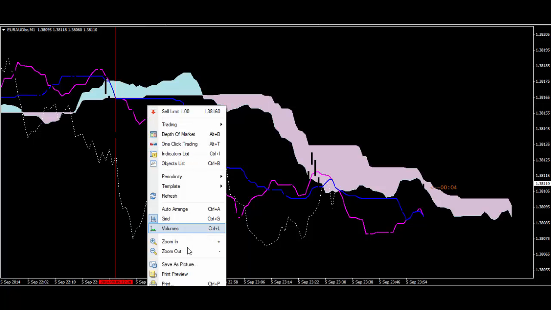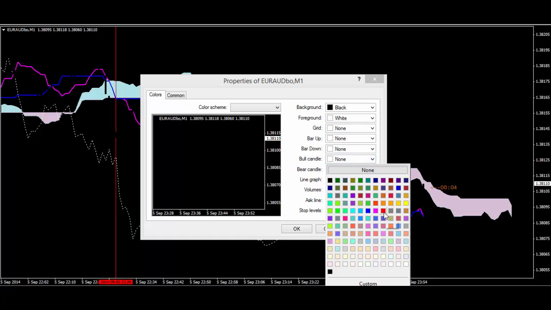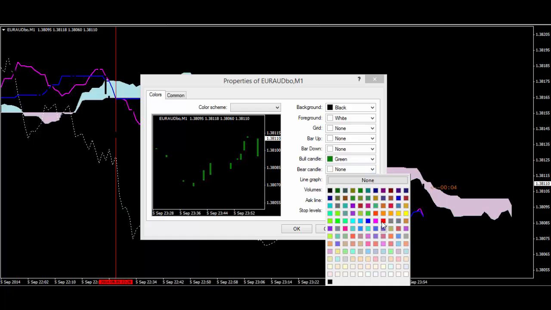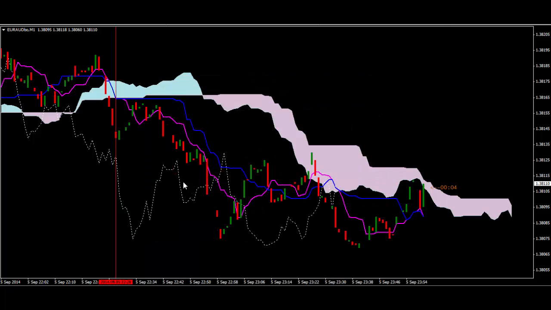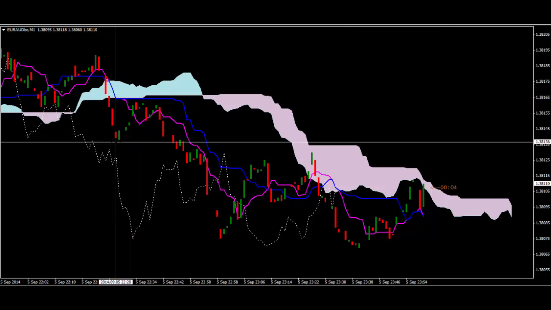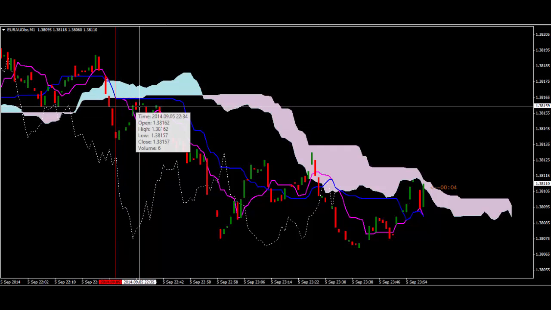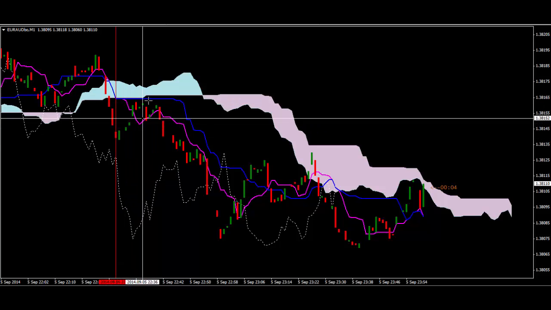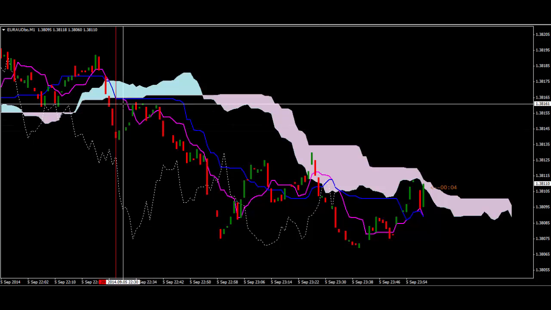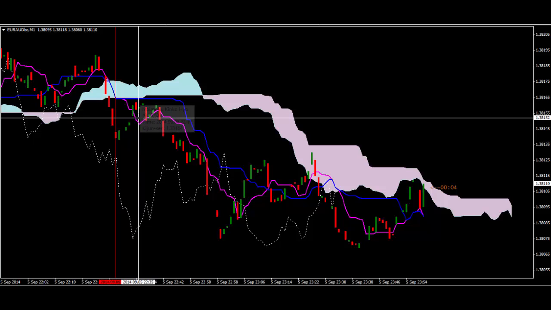So let's see where the price is. Bull candle, green; bear candle, red. See the price when this happened, price came down, and when this flattened, price went up. So these two lines are the magnet. Price will follow it.